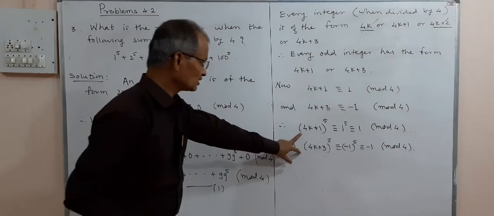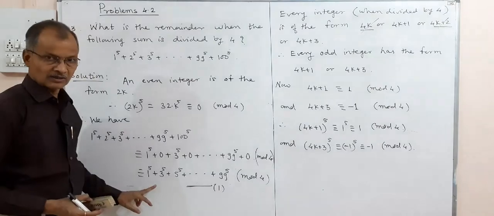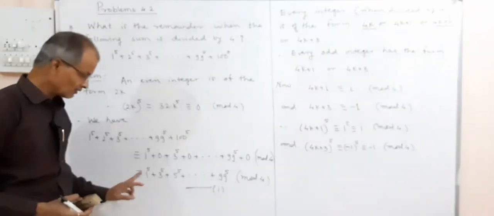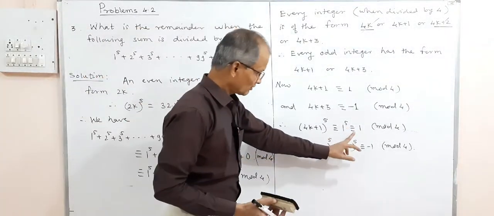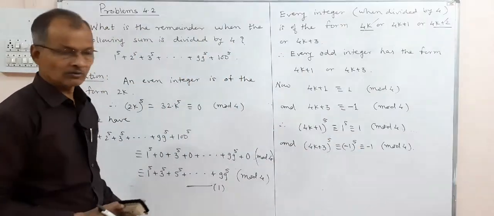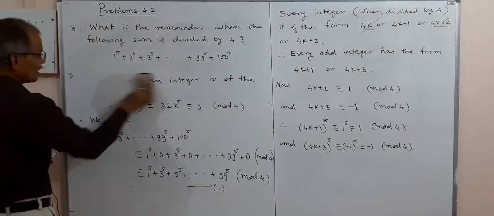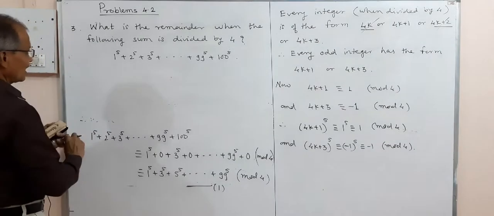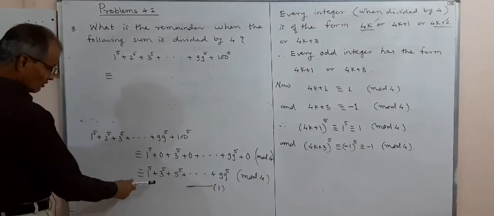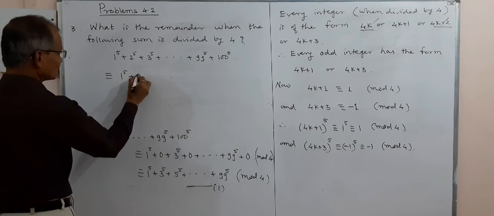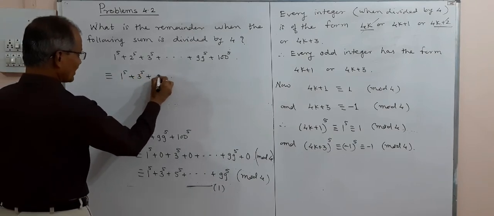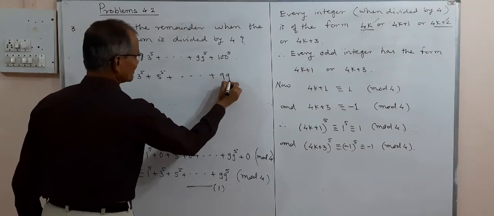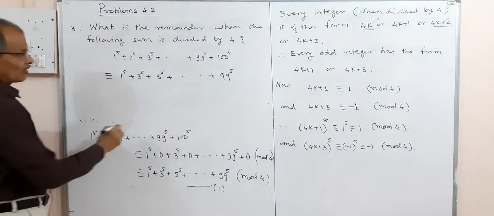Now we use these two results here in 1, for odd integers, fifth power of odd integer. So the fifth power of every odd integer is congruent to 1 or congruent to -1, and therefore the original sum is congruent to 1 to the power 5, 3 to the power 5, and so on, 5 to the power 5, and last will be 99 to the power 5 modulo 4.